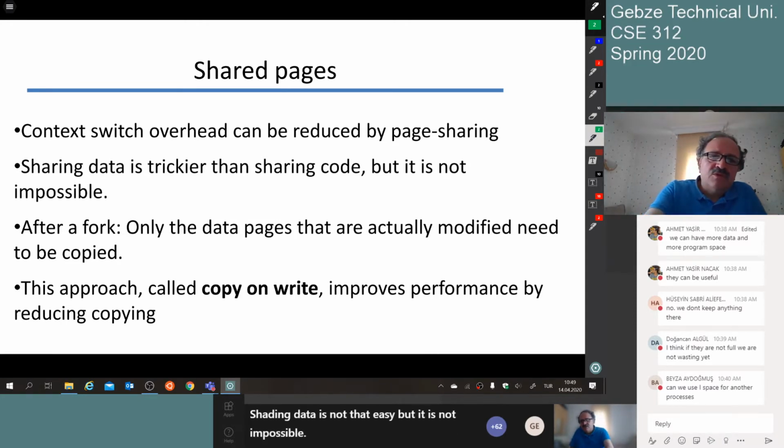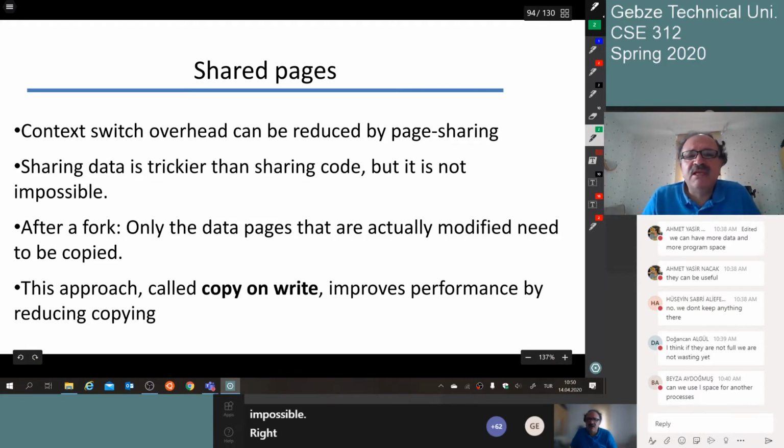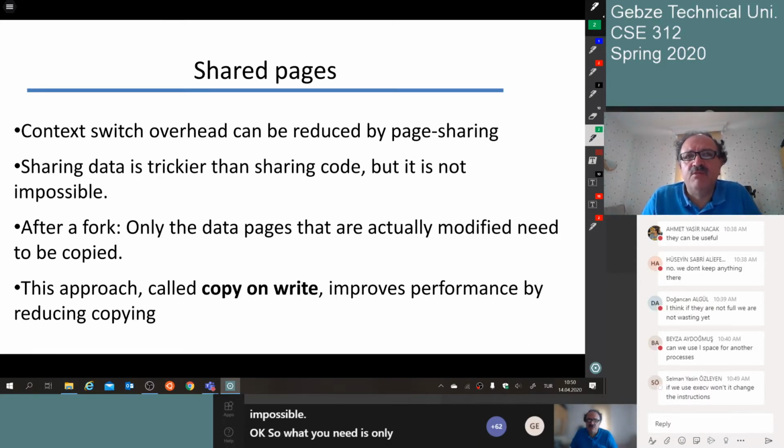What you need is that only the data pages that are actually modified need to be copied. That means that as long as my modified bit is not 1, I keep using the same pages because I'm just referencing them.